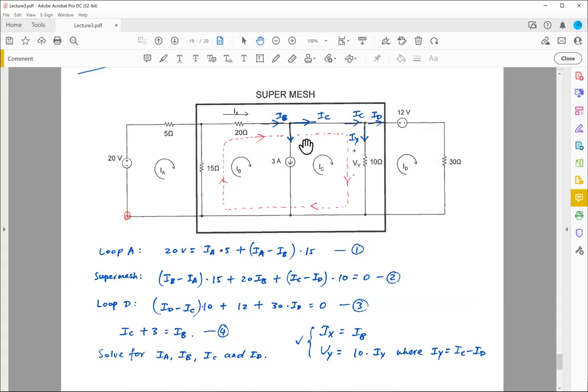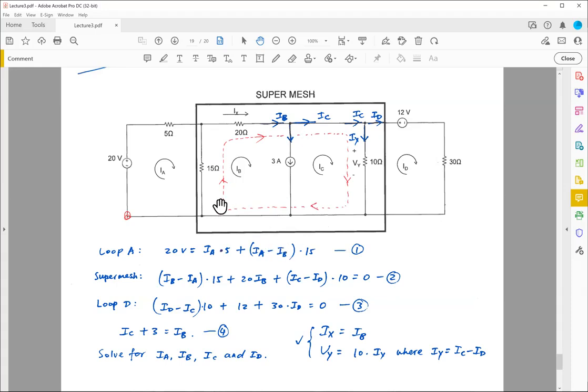I don't have a defined voltage drop here. So I have to go to the right. I go down, creating another voltage drop, and I go to the left, back to the starting point. So this is now my new loop for the super mesh. This loop consists of IB and IC loop.